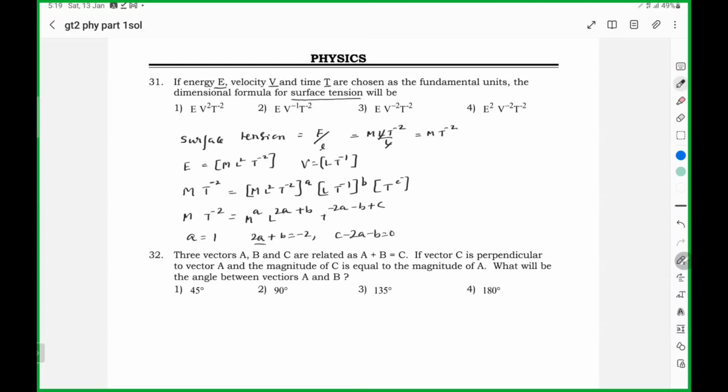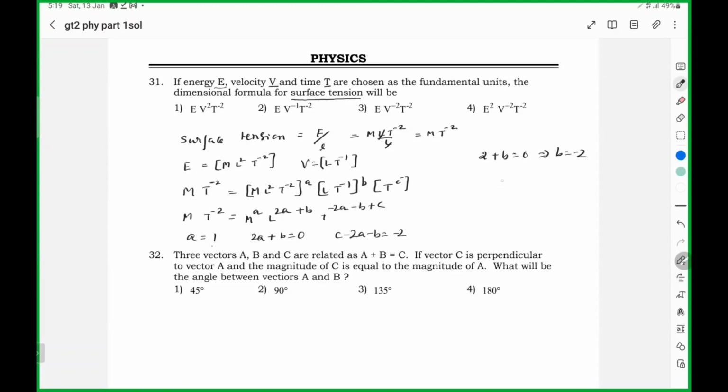So once you substitute a as 1 here, the power of L is 0 and the power of T is minus 2. 2 plus b is 0, so we get b as minus 2.